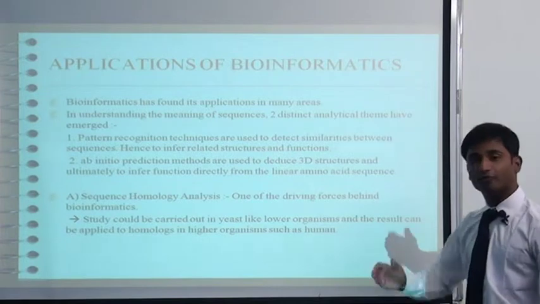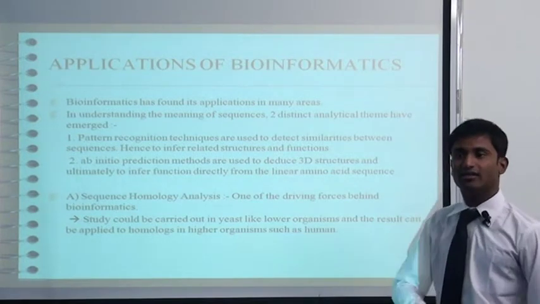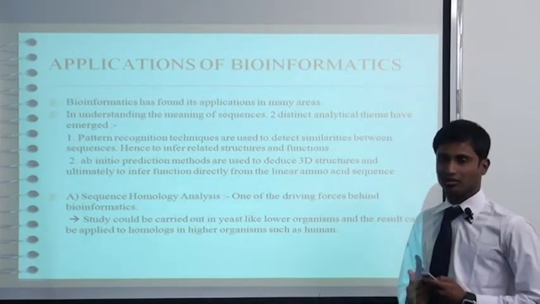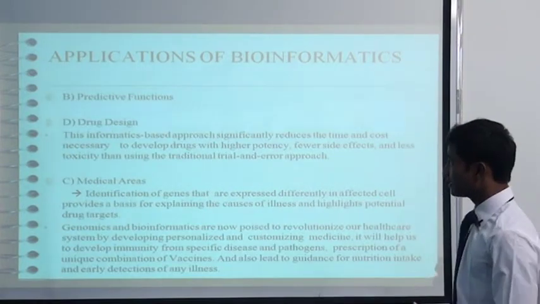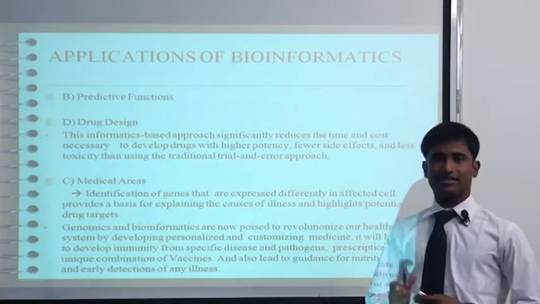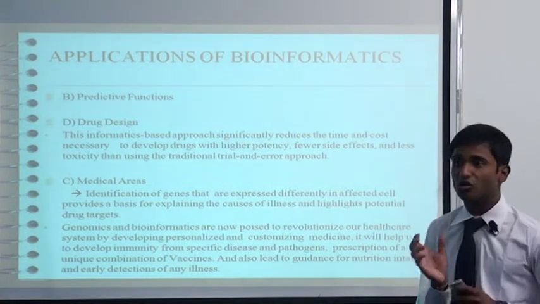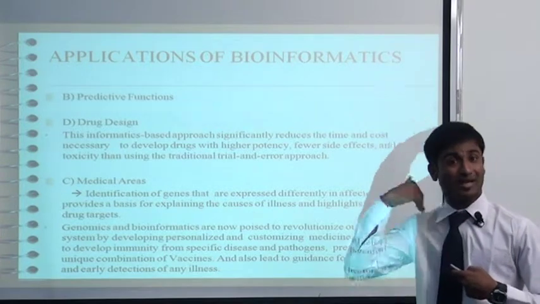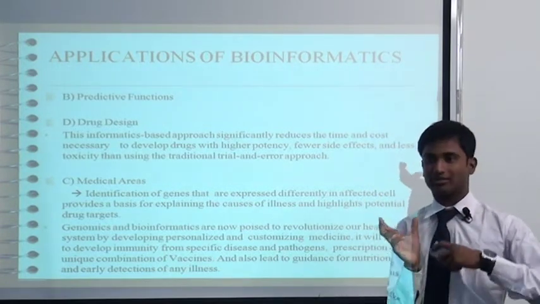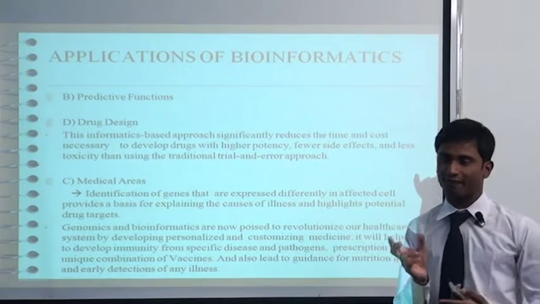So we are able to find out very rapidly the whole information related to humans. Now, the predictive function: if I have something unknown, I will be able to predict about that gene or that sequence.